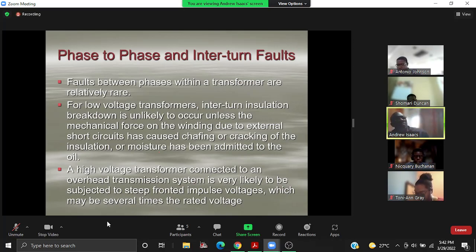We talk about, well, again, this I use it here in terms of steep front-end impulse voltages. May come from lightning strikes. Now, we looked at transients.